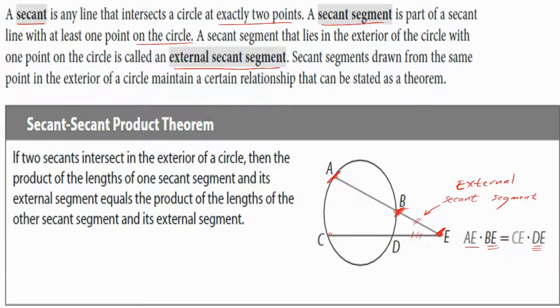So that's the secant product theorem. Basically, it's the whole guy times the outer guy, and that should equal the whole guy times the outer guy. That's the simplified, shorter way of thinking about it.